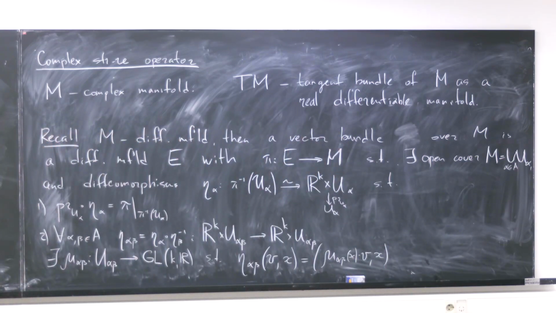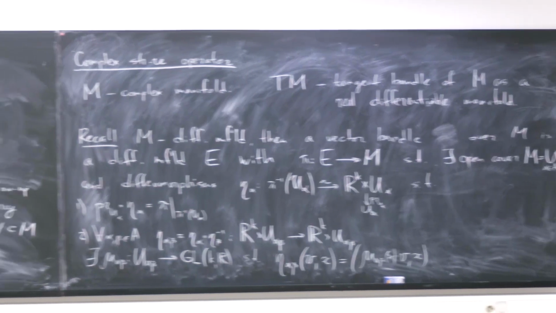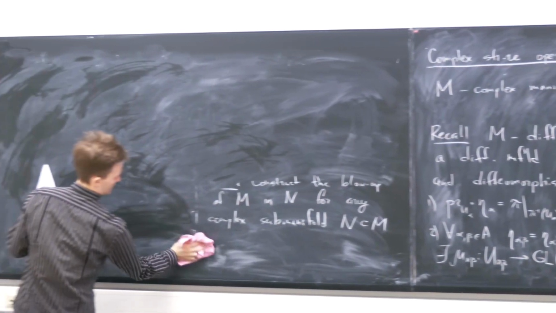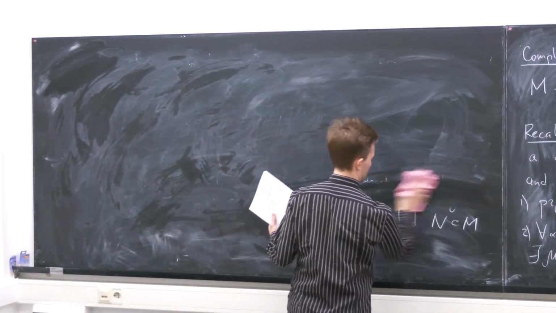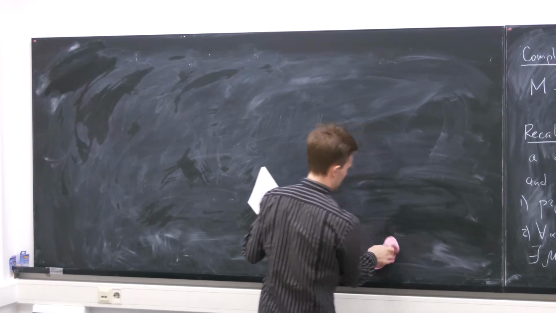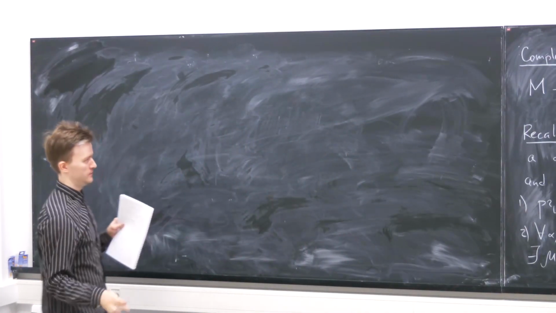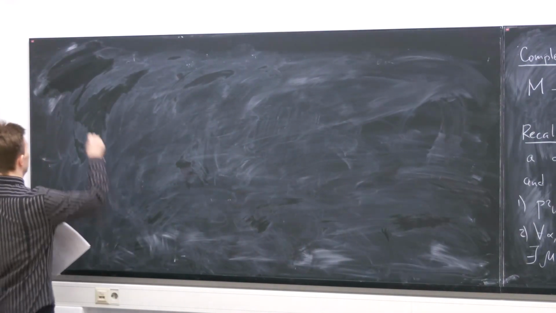So then these maps mu alpha beta form a co-cycle. And to define a vector bundle, we just need to give ourselves such a co-cycle.